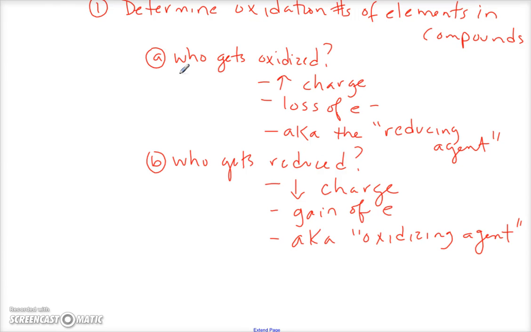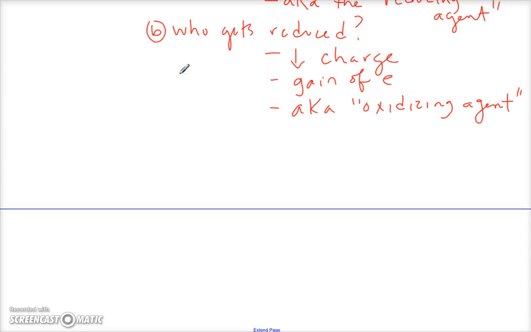All right, you will also need to use Table J to determine if a reaction will happen.